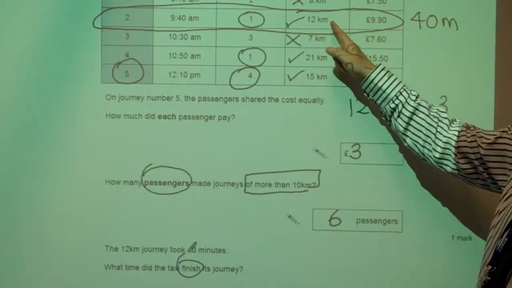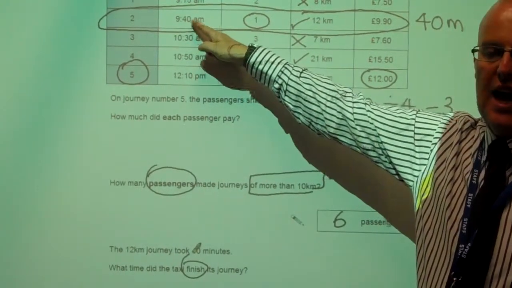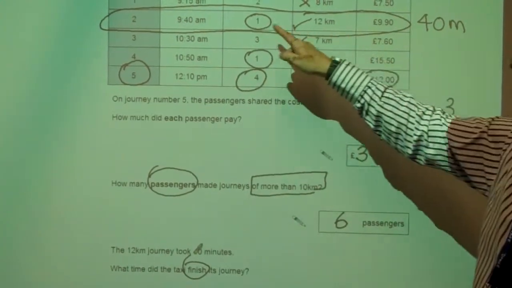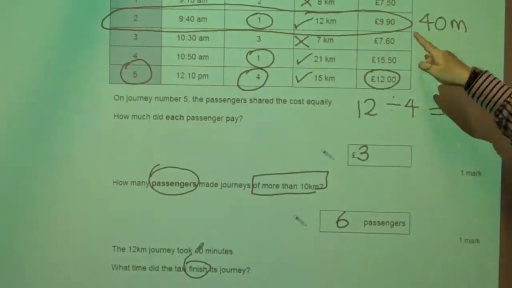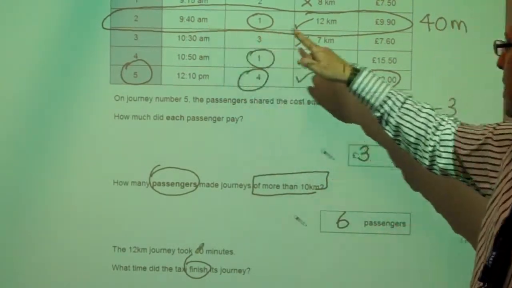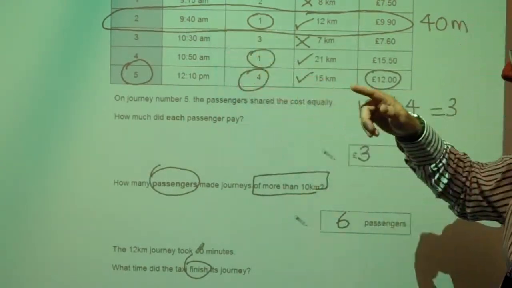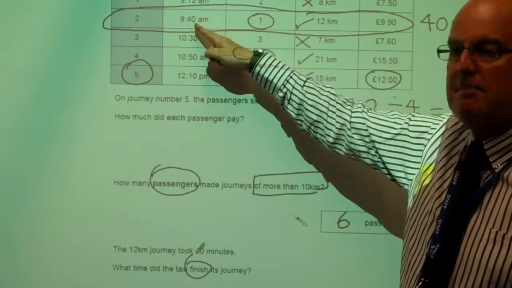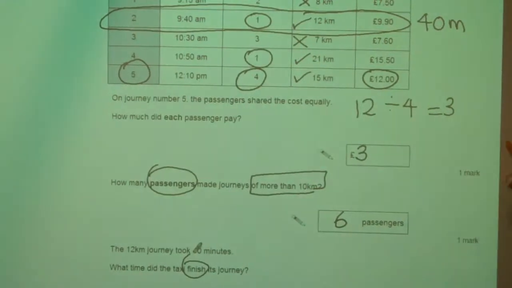So I know that this journey started at 9:40 a.m. and it took 40 minutes. I'm going to have to add 40 minutes to 9:40. So 9:40 add 20 minutes is 10 o'clock, add another 20 is 10:20. 9:40 add 40 minutes is 20 minutes past 10 a.m. Make sure you use it all.